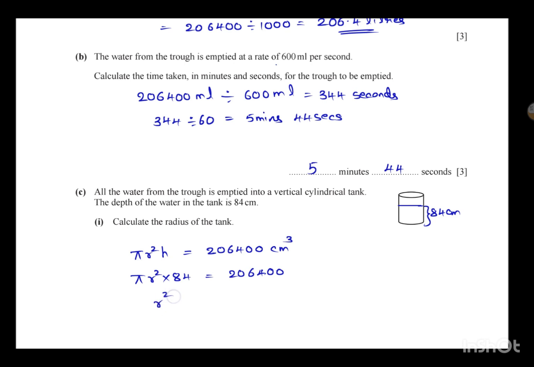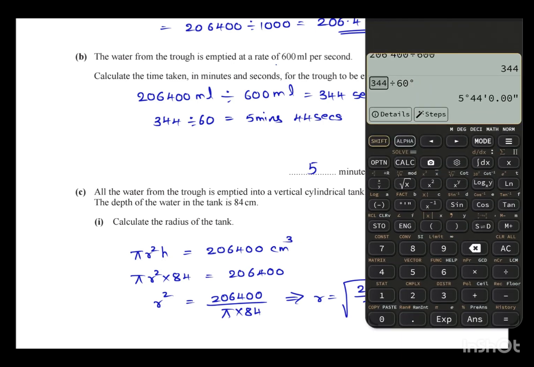Keeping r square on the left hand side, bring pi and 84 to the right hand side. 206,400 by pi into 84. Now that is r square, we have to find r by doing the square root of this number, 206,400 by pi into 84. Do that.